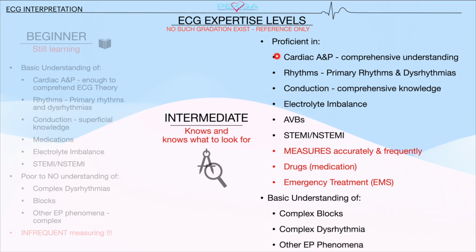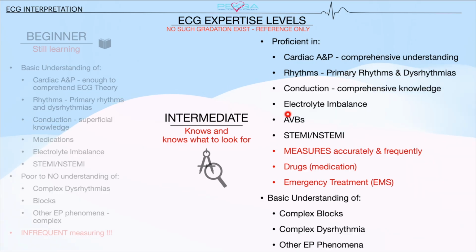So here, somebody that's an intermediate level interpreter, I would say that they would have to be proficient. They would have to have a comprehensive understanding of cardiac anatomy and physiology. Also, comprehensive understanding of primary rhythms and dysrhythmias. Conduction as well.